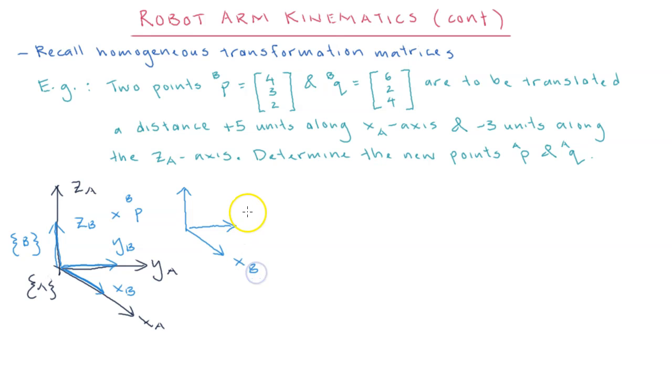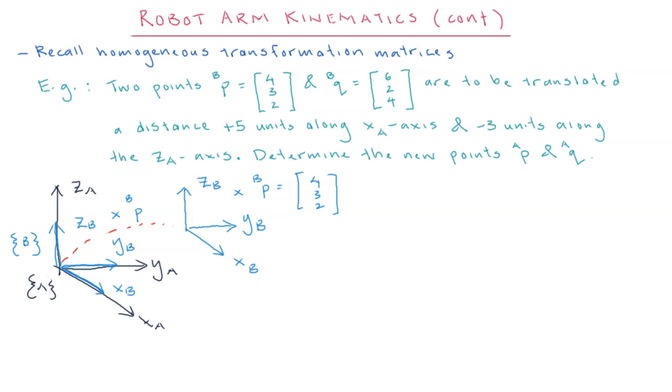This will be the final location of our coordinate frame B after being translated. After it has been translated, you can imagine that the point P will be here, PB, and it will still be 4, 3, 2. But the question wants us to find PA, which means what is this point with respect to coordinate frame A.